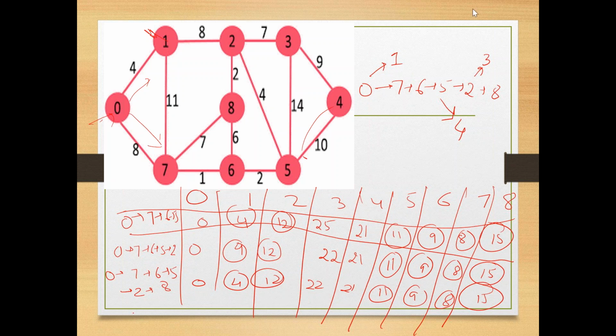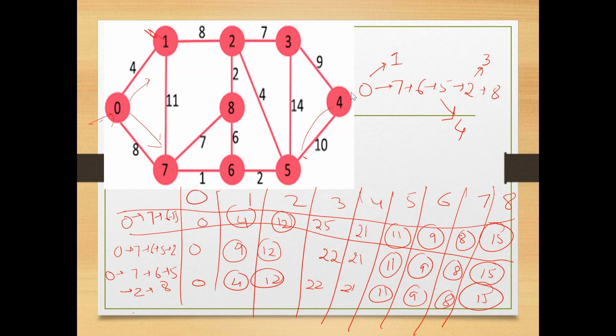Shortest path. Check your tables, whether it's the same or not. Okay, we have selected the minimum, and we reach the conclusion that if we want to reach from 0 to 4, then this will be the best path: 0, 7, 6, 5, 4.